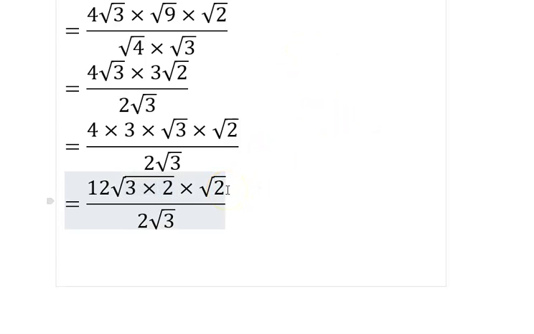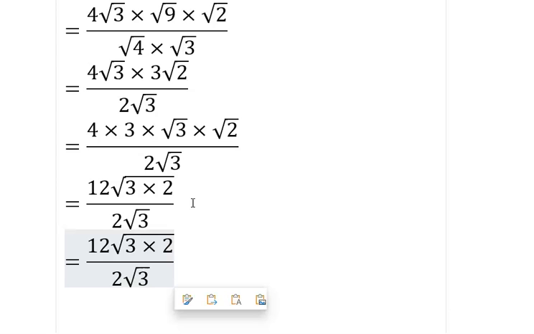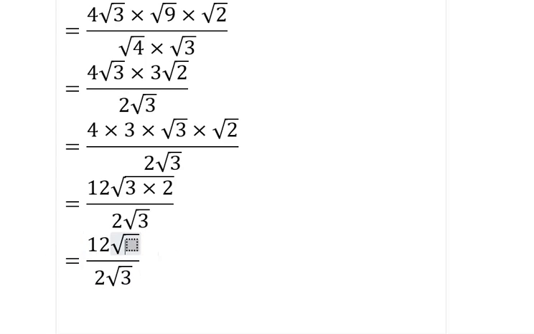Awesome. That means this one has gone. Beautiful. So we have this. So 3 times 2 in there will give us 6. So we have 12 root 6 over 2 root 3.